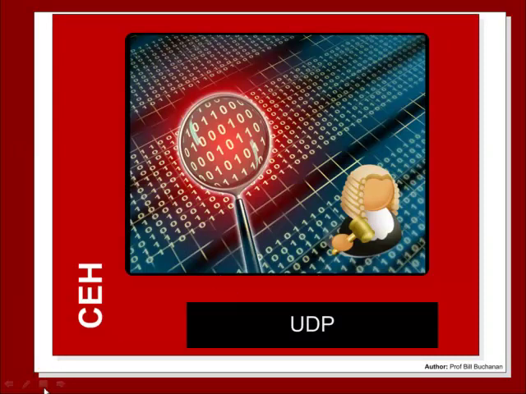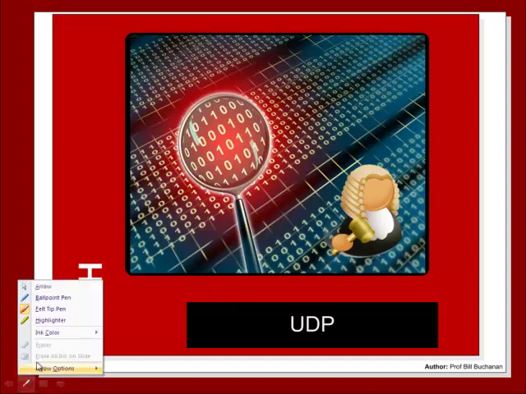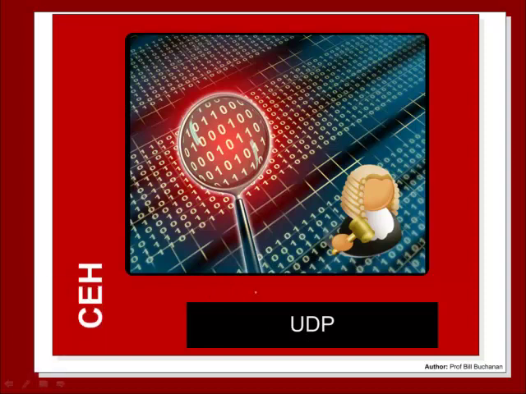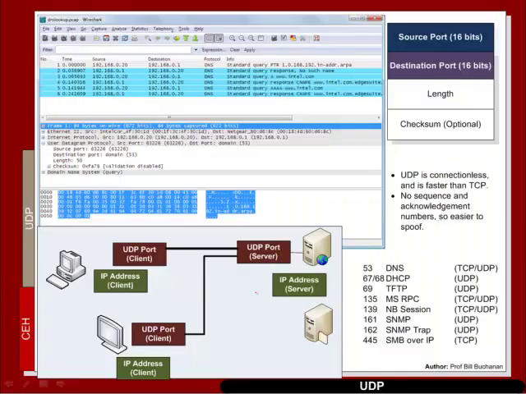The first transport layer protocol that we'll actually look at is UDP. And UDP is a very simple transport layer protocol, and it basically just has a source port and a destination port, each 16 bits. There is no connection; the data is sent.